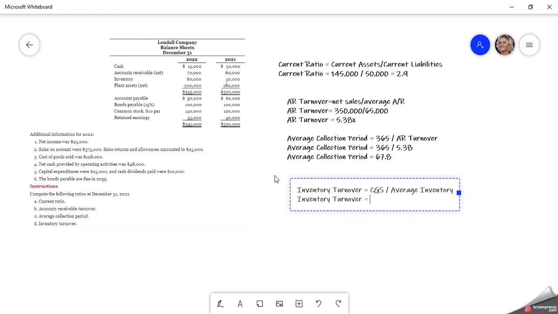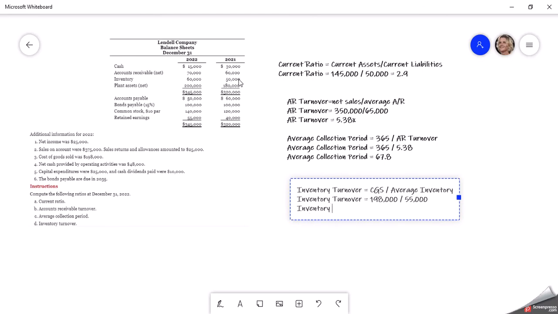And here it tells us cost of goods sold. So our cost of goods sold are $198,000, so we can fill that in. But then when we come to our average inventory, we have to go back to our balance sheet. So in 2022, it was 60,000. 2021 is 50,000. So add those together and then divide by 2 to get to an average. So again, it's just a basic average. So that's $55,000 is our average inventory.